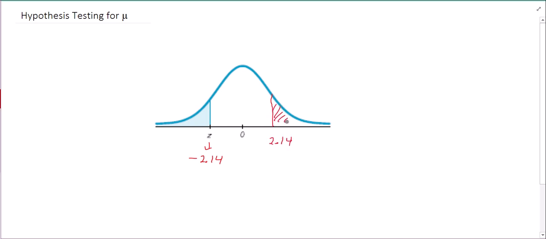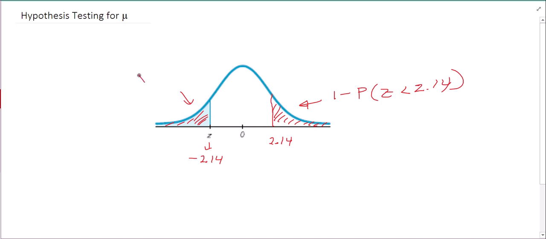Now the area here is the same as the area here, so those are the same. So looking up 2.14, to find this area I will have to do 1 minus the probability that z is less than 2.14. Sorry, my handwriting somehow is not good today on the tablet. But I want a two-tailed test, so I want both of them.